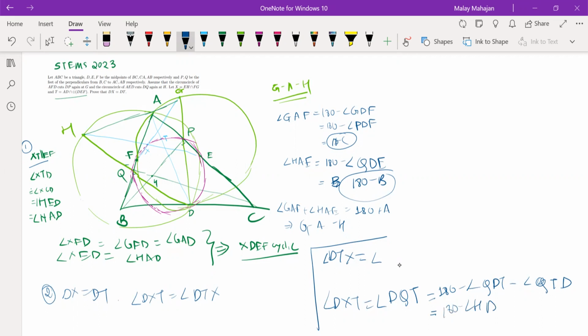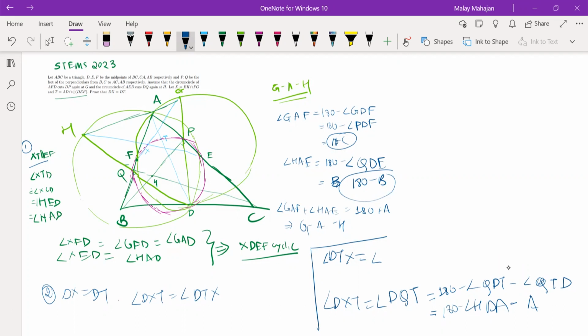Okay, 180 minus HDA. Angle QTD is, what is it? Angle A itself, because angle QTD is angle QFD, which is angle QAC. It's angle A. So then HDA minus angle A.